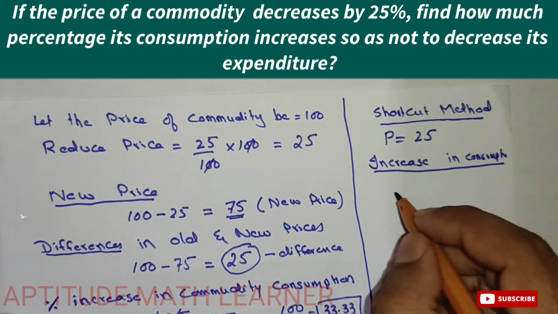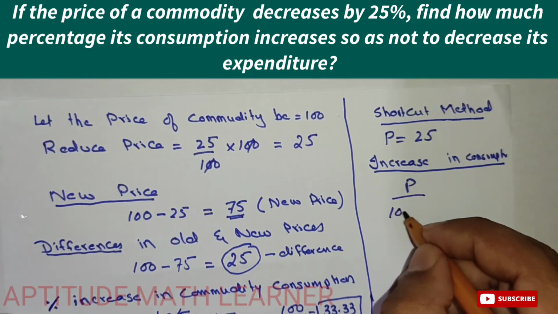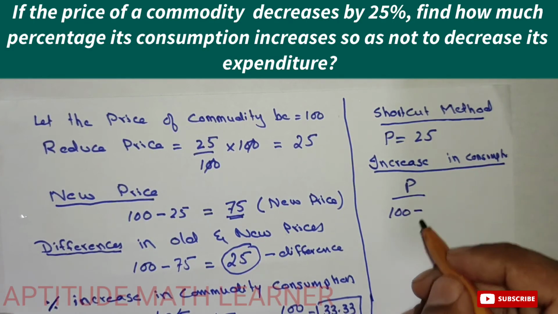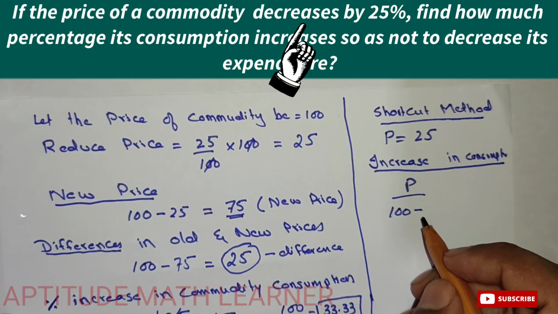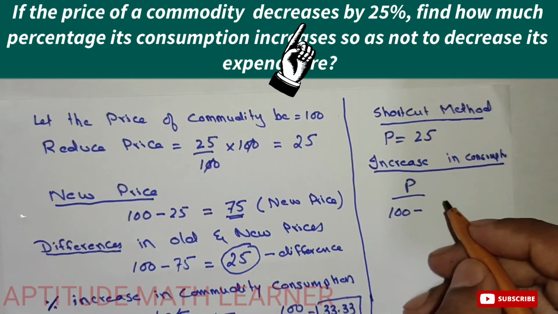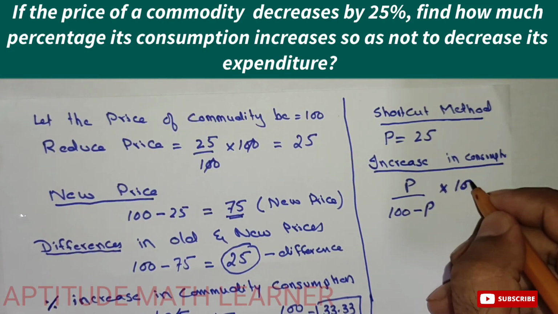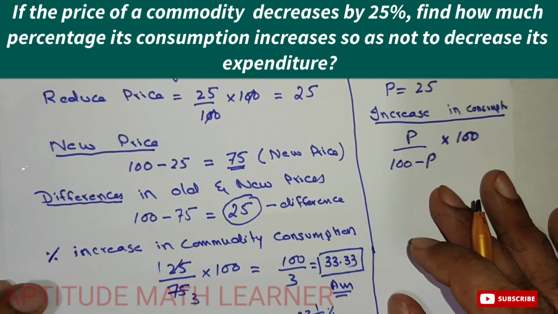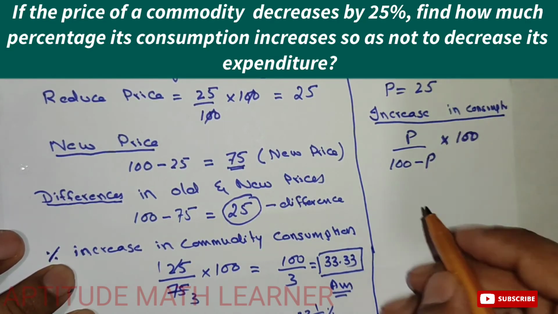So we take the formula for this: P upon 100 minus P, multiplied by 100. Why this minus? This shows the decrease in the price by 25%. So the value of P we have taken is 25.